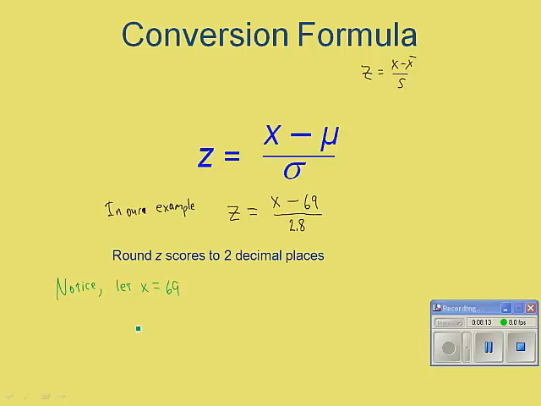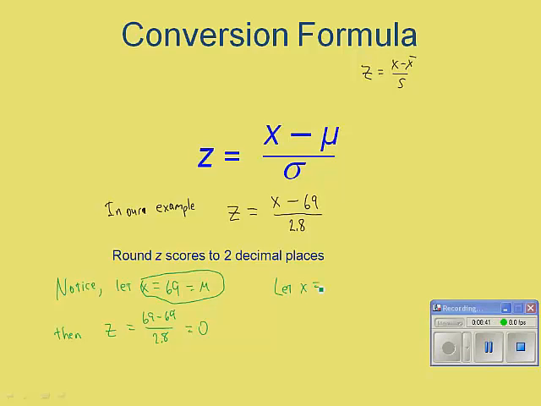If I let x equal 69, then Z, what would it equal? That's 0. Well, that's cool, because 69 was what? That's the mean, and what do I want the new mean to be? Okay, so it worked.